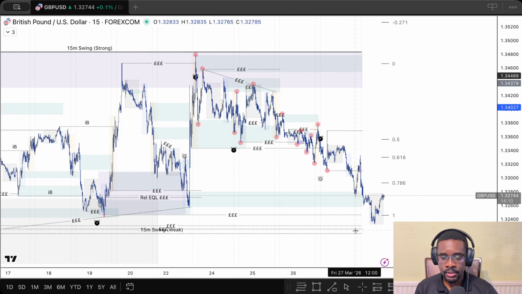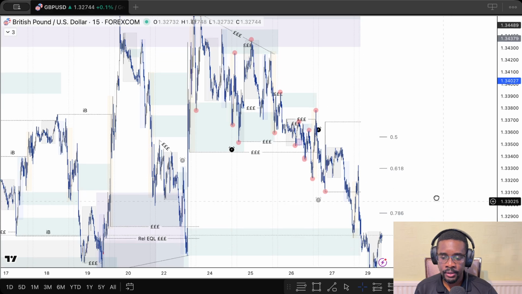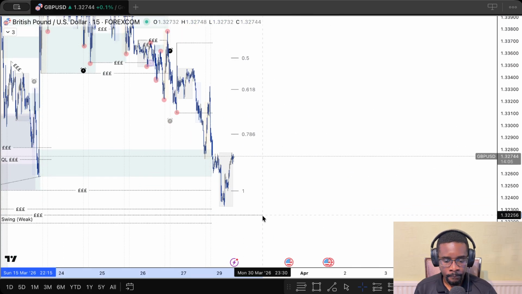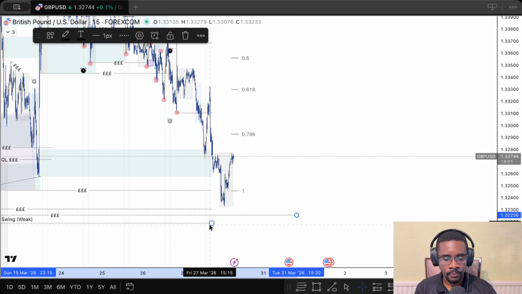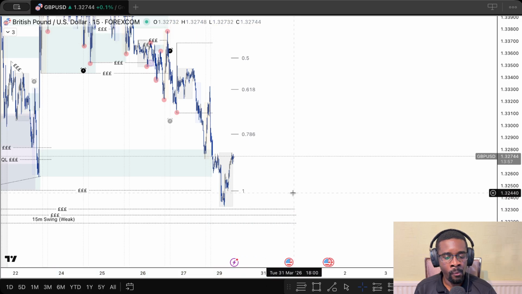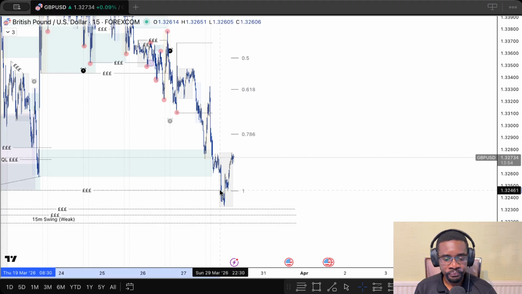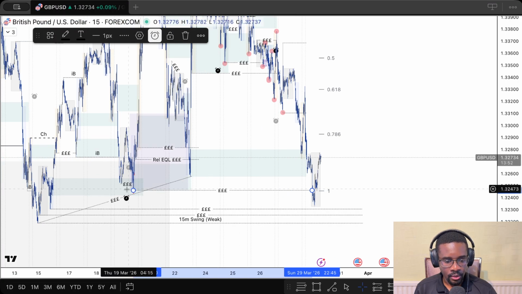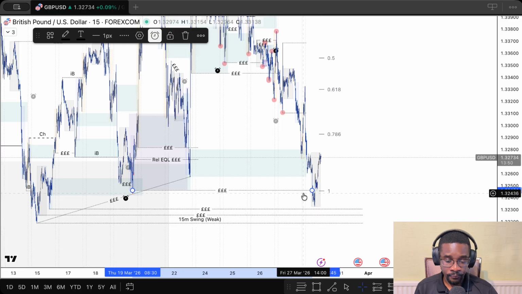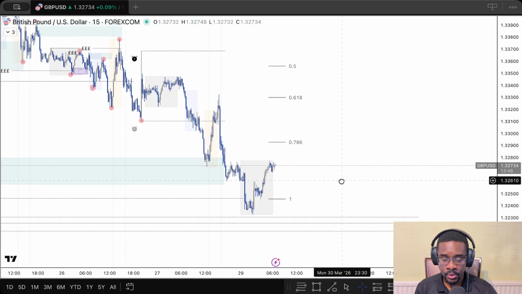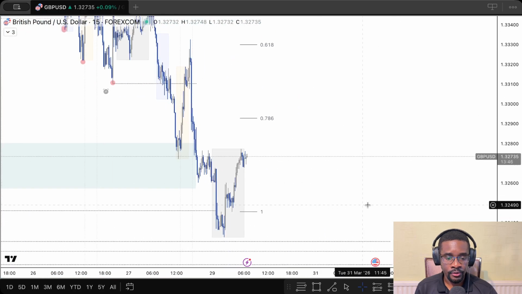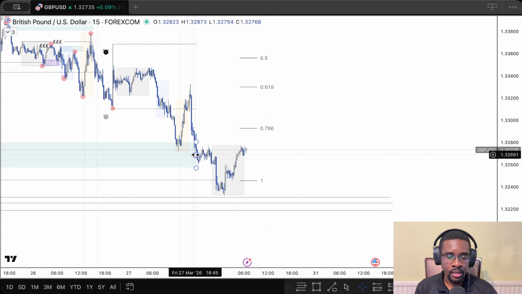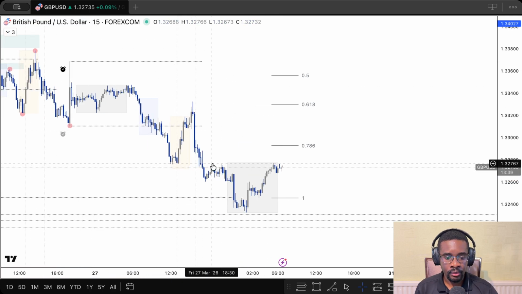So looking at the details today, this area of liquidity is the one that's been taken, and then price has been reacting. Price has reacted, and then this demand was eliminated.